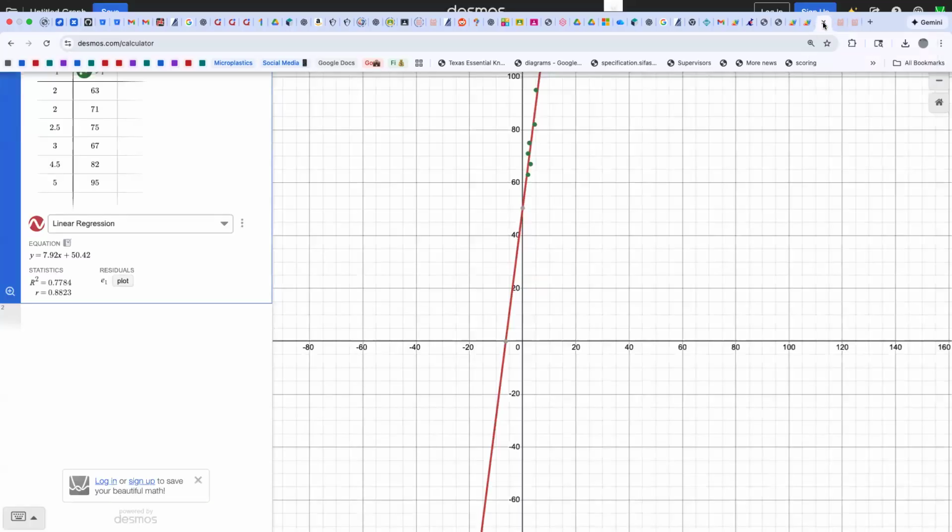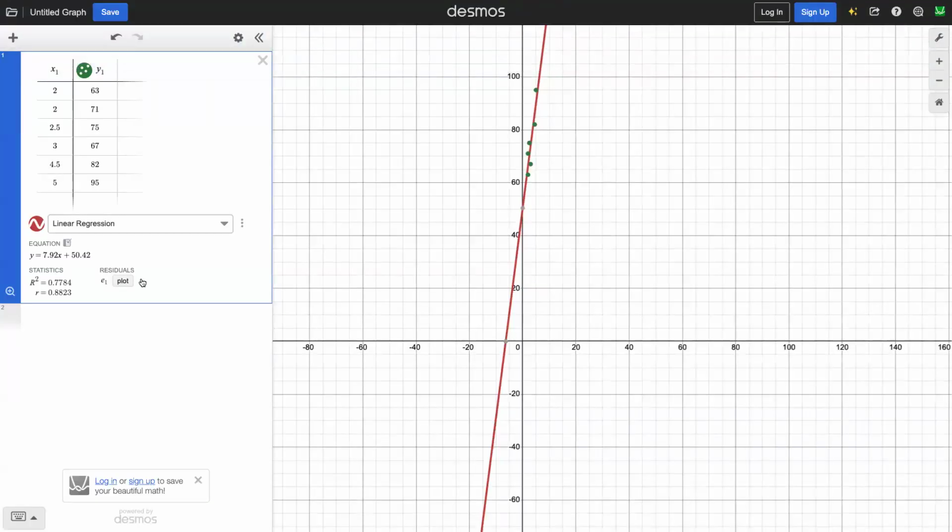You did type something wrongly. Did you type it correct? Oh, I thought it was 62. That's the deal. Don't say R square. R is the correlation coefficient. It says 0.8823. Yeah, correct.